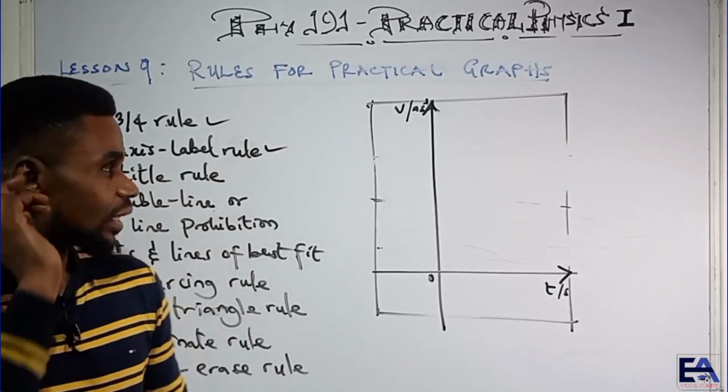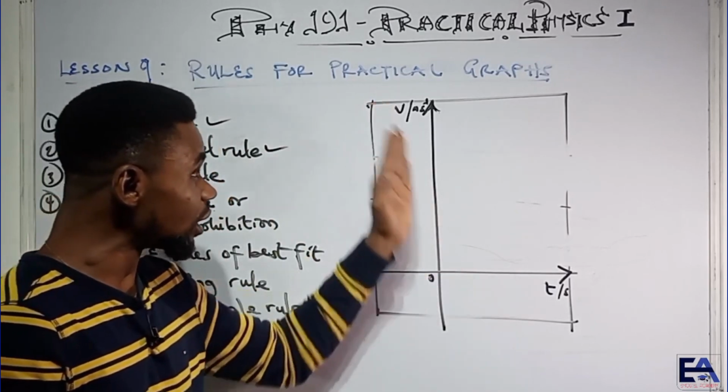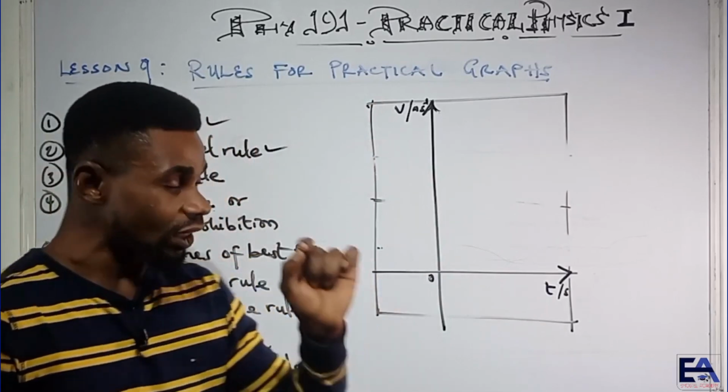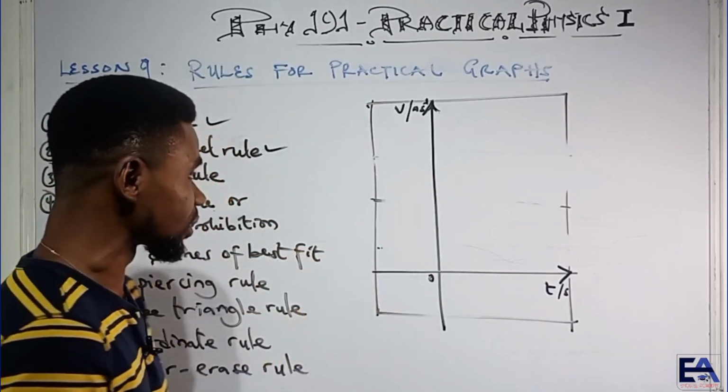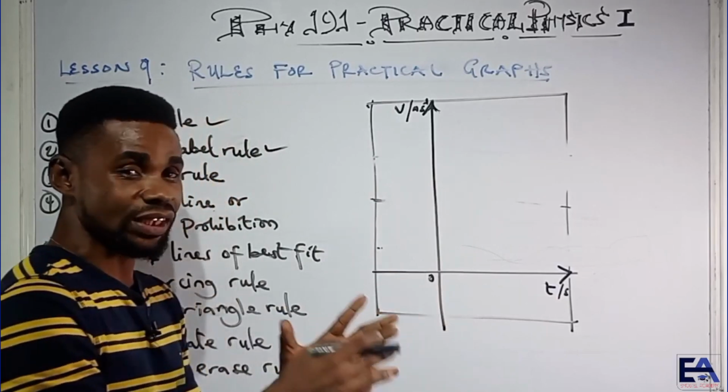Number 3, the title rule. Apart from the fact that you plot the graph and label the axes, it is also extremely important, of utmost importance, that you give the graph a title.